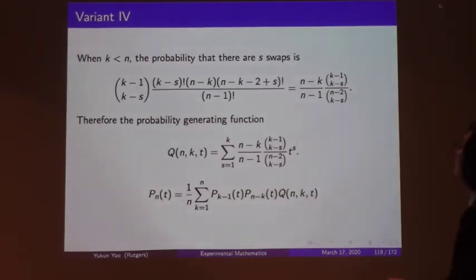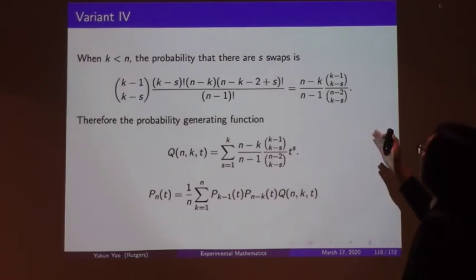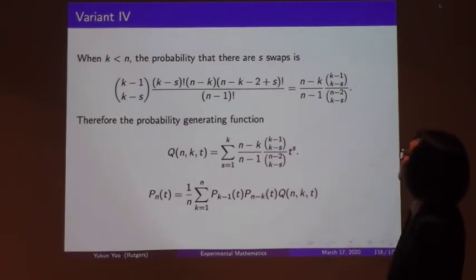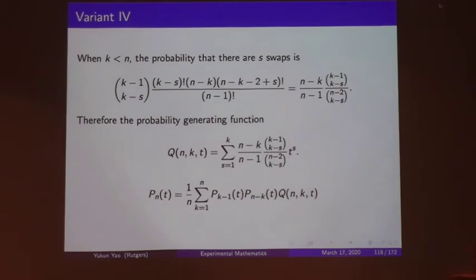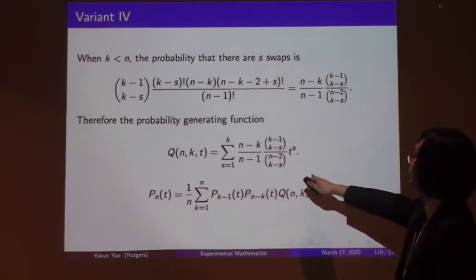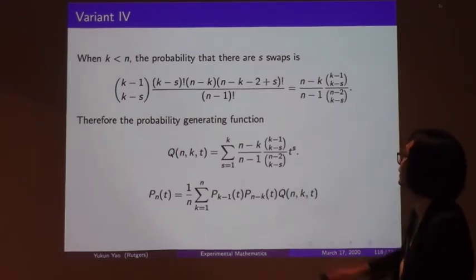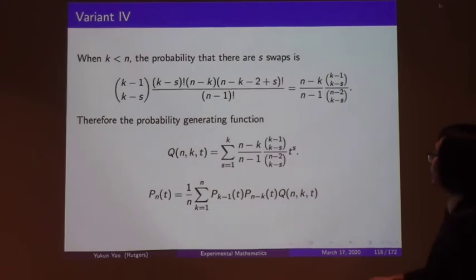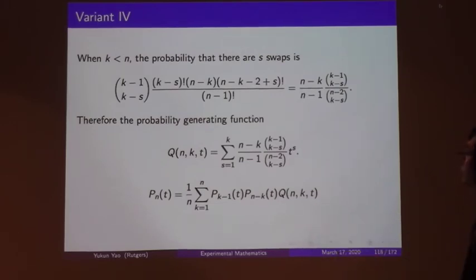So when k is less than n, the probability that there are s swaps is given by this formula, because we just need to consider the location of the first element which is greater than the pivot. Then we can get this one. So now we have a probability generating function for the one step, which is q of n, k, t. Then we get the recurrence relation for p n of t.